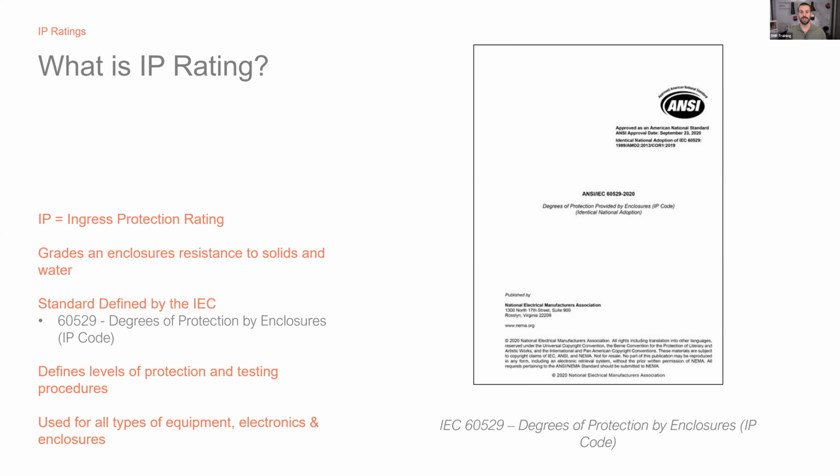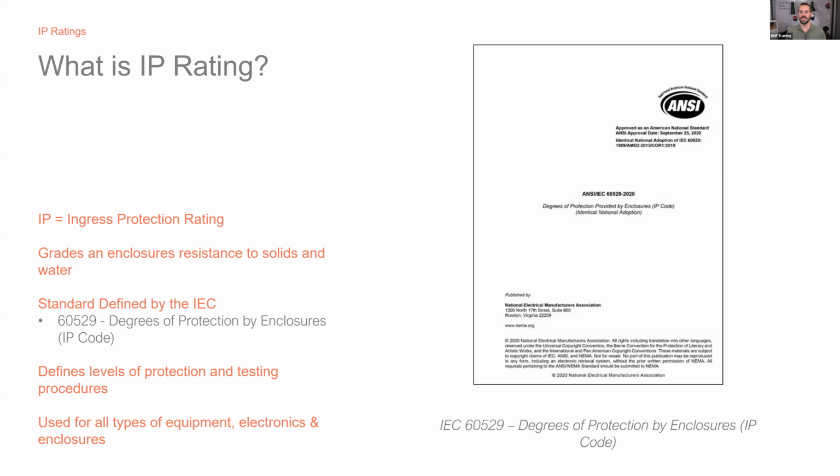IP ratings are something that are set forth by the IEC, or the International Electrotechnical Commission. The actual standard is 60529, degrees of protection by enclosures, or the IP code. So again, that really defines what each level should protect against, as well as the specific testing procedures for those particular levels.